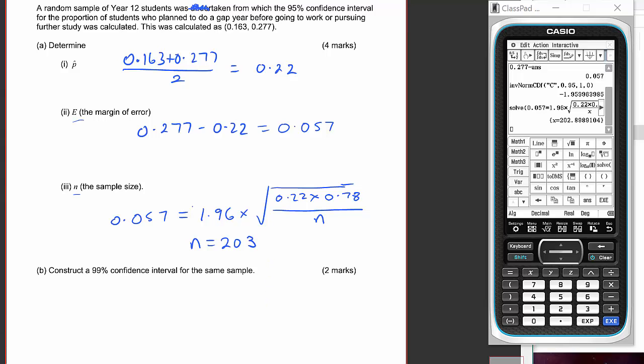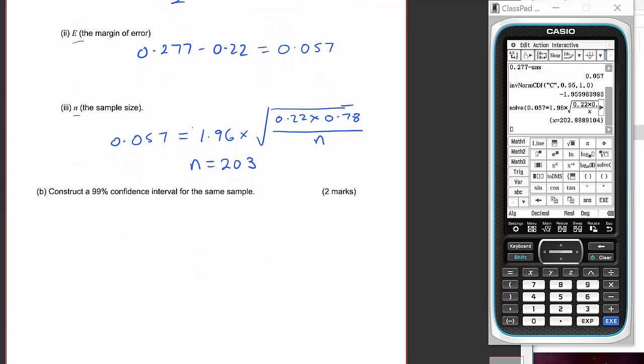So we want to now construct a 99% confidence interval for the same sample. So that's going to be 0.22 take away, now we need the 99% z-score, and that's 2.576, we'll call that.